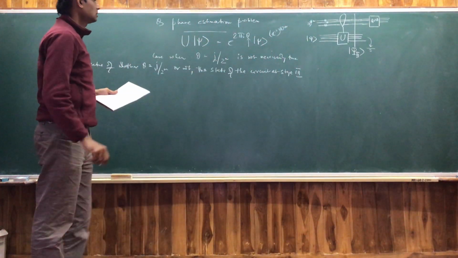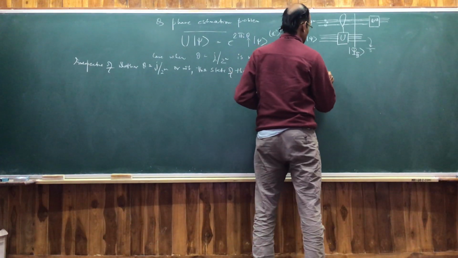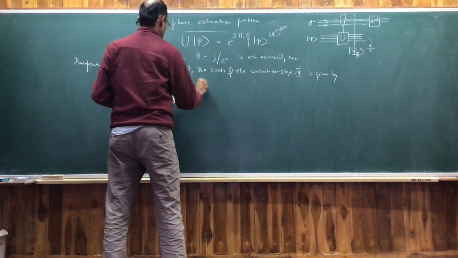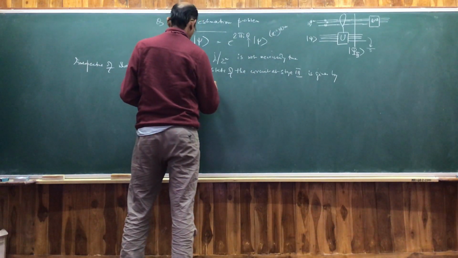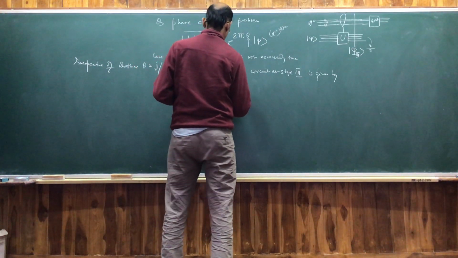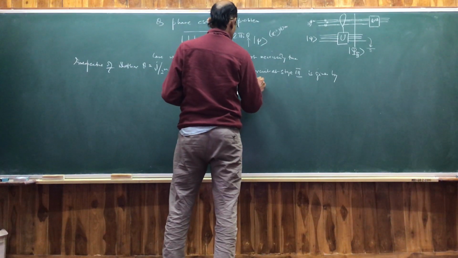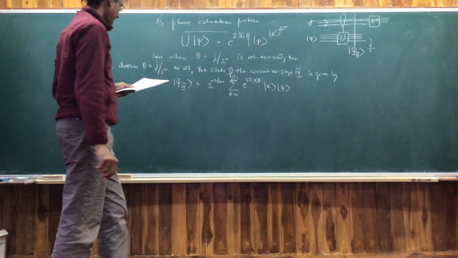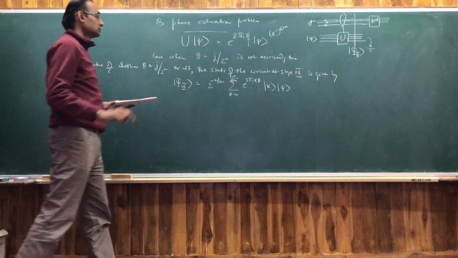So the state of the circuit at stage 3 is given by this. This was without any assumption on the theta, yes?